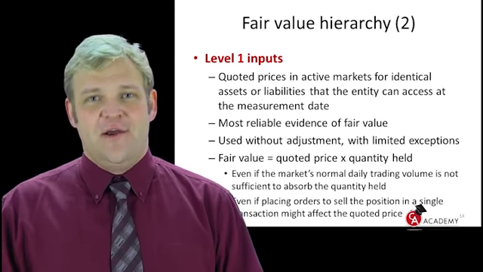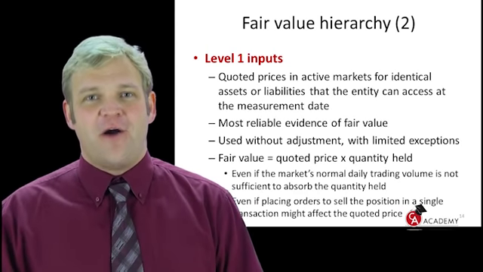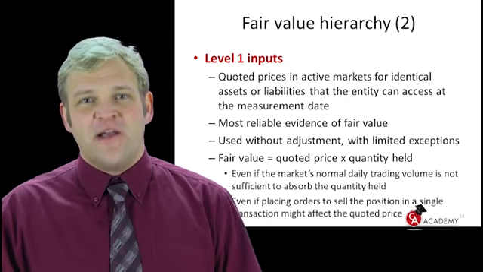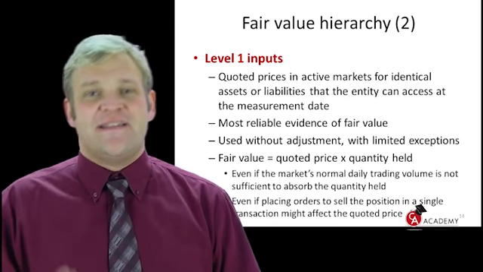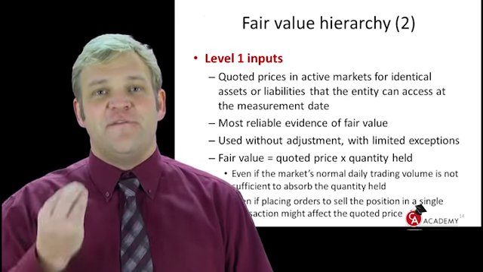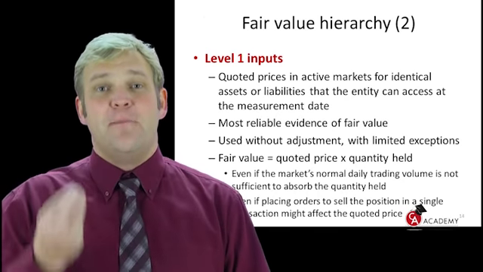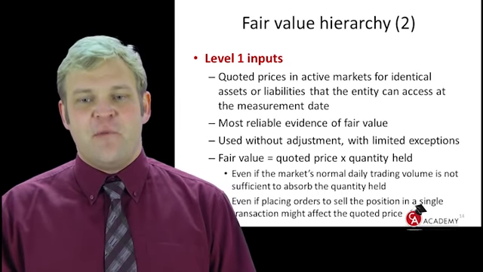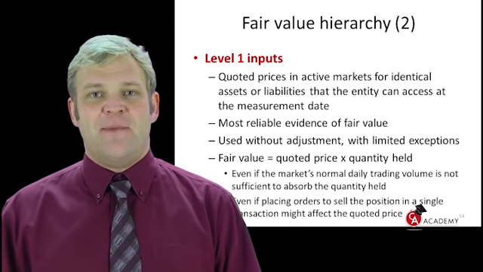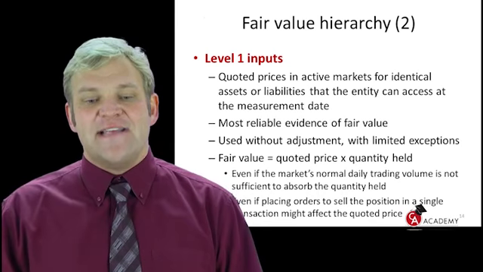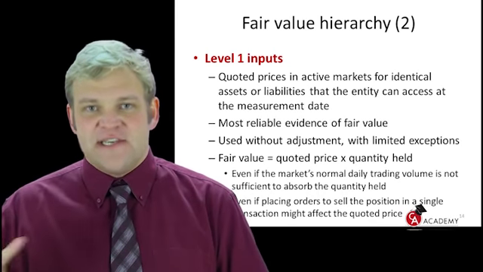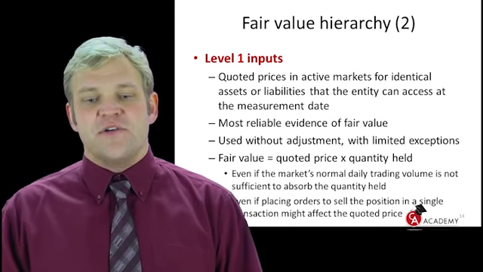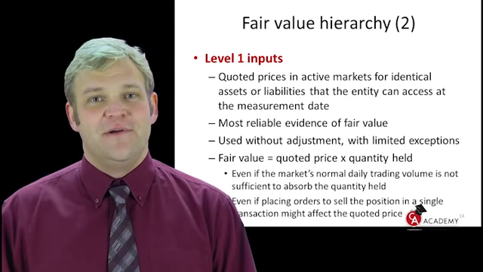And once again, we are looking for that principal market, because in the principal market, there are so many transactions that take place that we are hoping to find one that is not just similar, but identical. Quoted prices in active markets for identical assets or liabilities that the entity can access at the measurement date. Easy to obtain. Secondly, most reliable evidence of fair value.